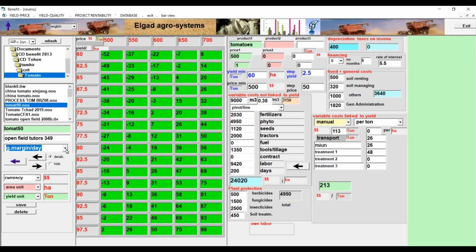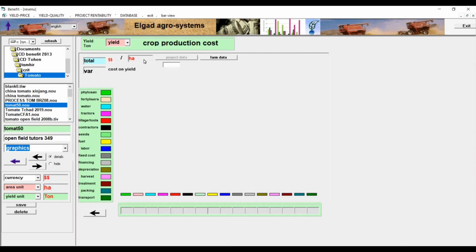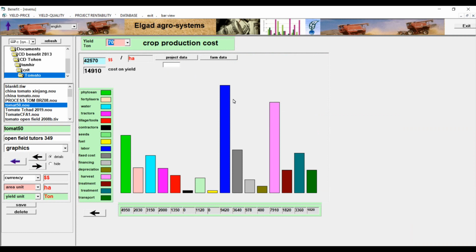I can have the calculation of margin per working day of the manager, per cubic meter of water, and the graphic. If, for instance, the yield is 70 ton, I have here how the costs are split. For instance, pesticide close to $5,000.